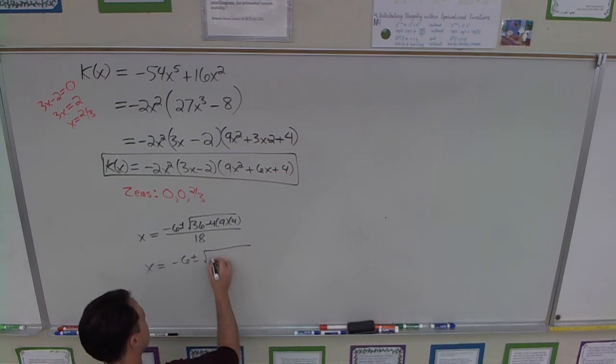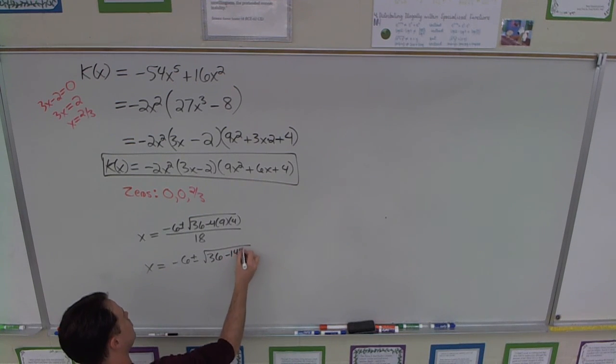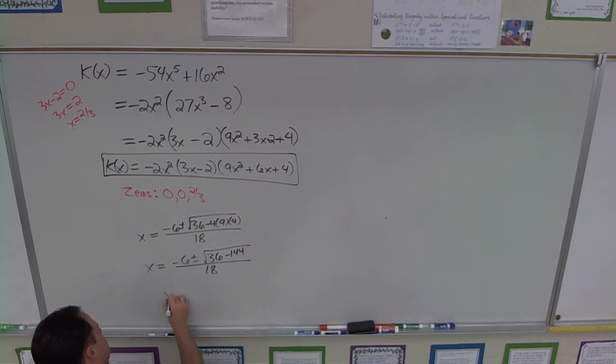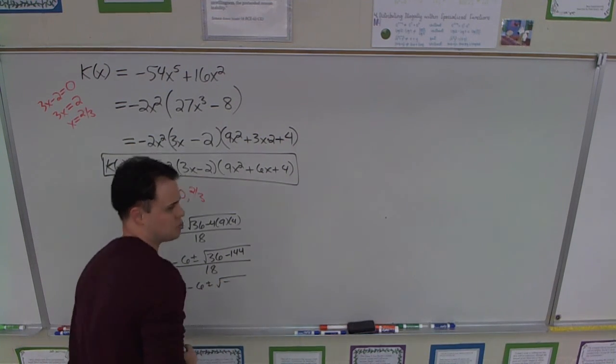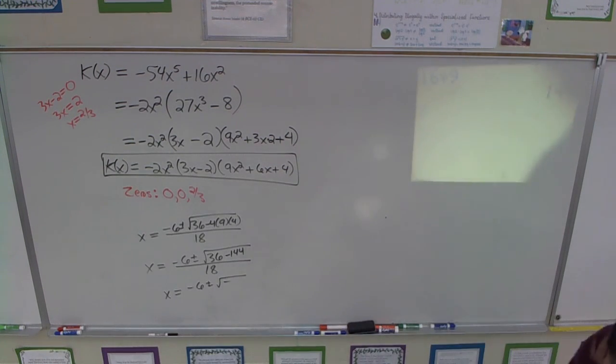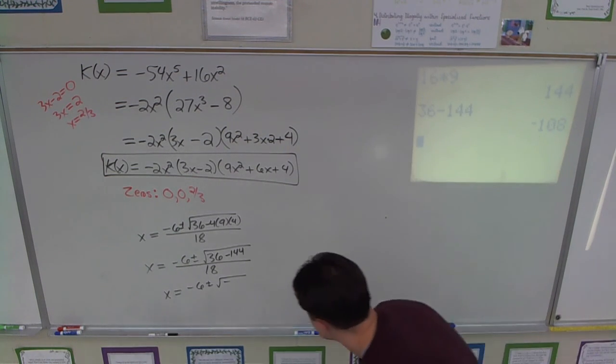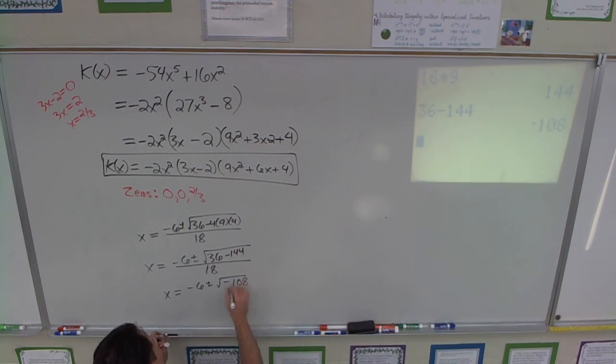Oh, that's close. $36 minus 144. Going to go to my calculator for that too. It's negative 108.